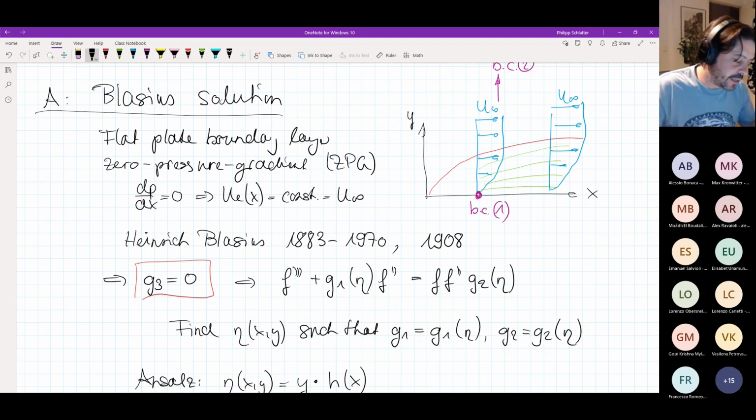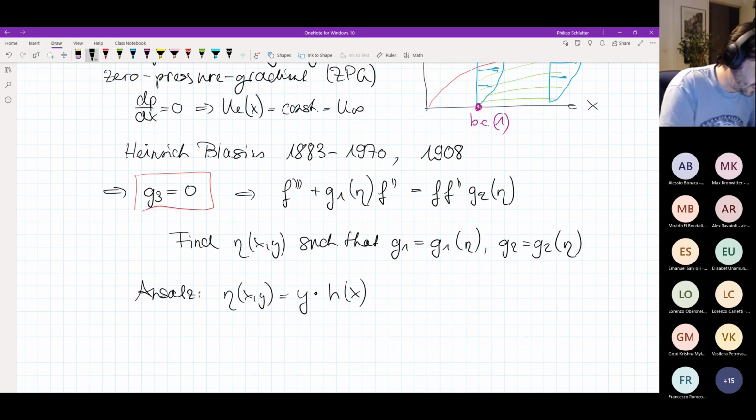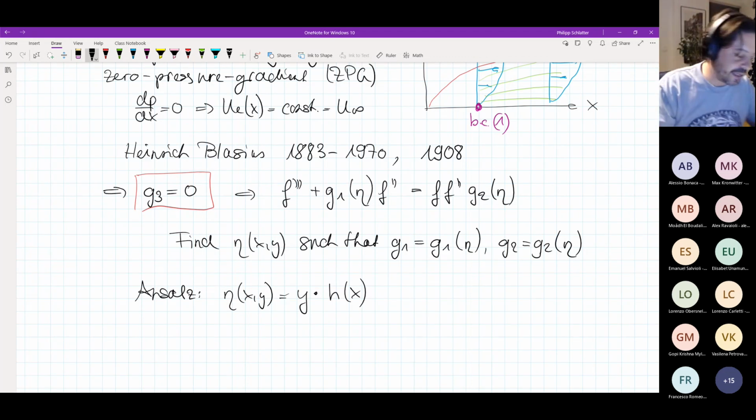So most probably for this eta, we need a linear y, which gives us the height, scaled with a function of x, so that as x is changing, I will squeeze my vertical distance. As the simplest way, let's assume that y is linear, and all the nonlinearity or the variation comes in the x term. And I guess physically speaking, this is a reasonable approach.